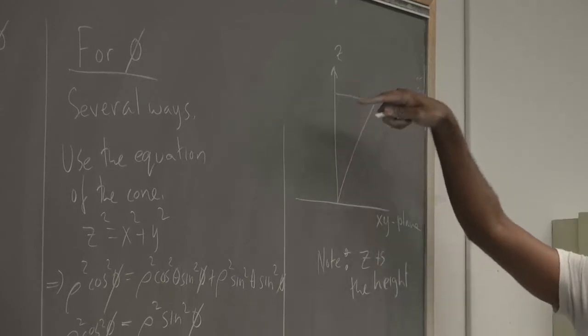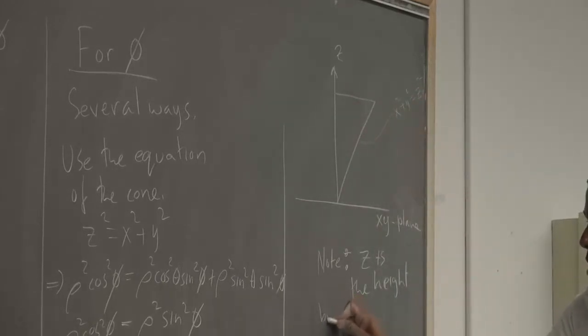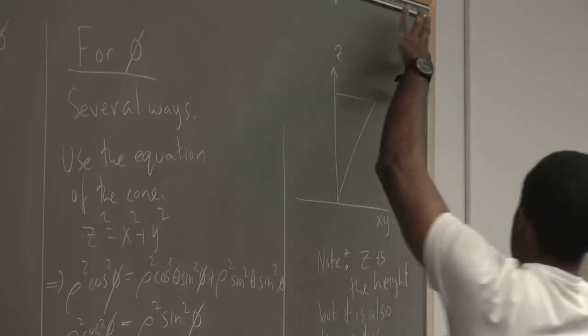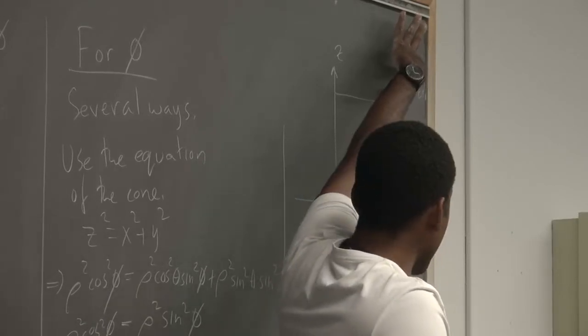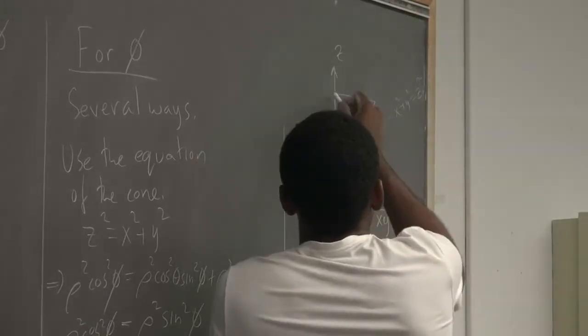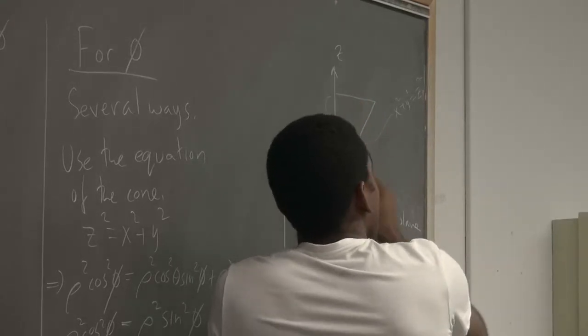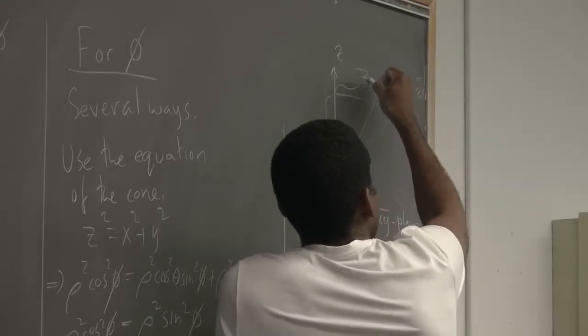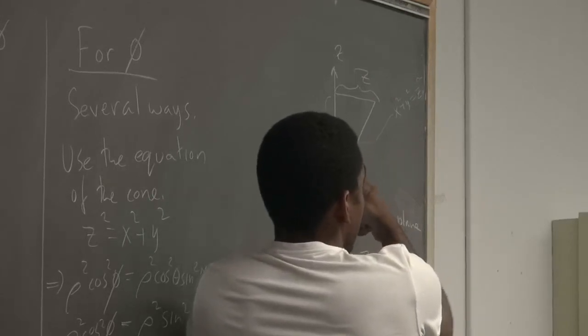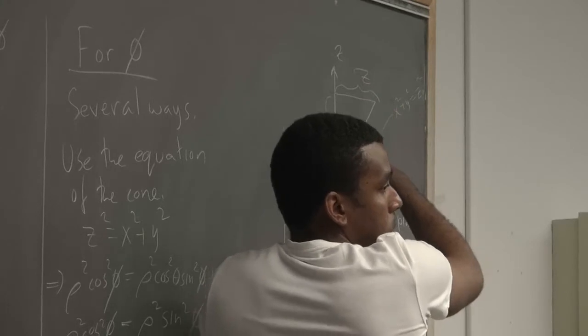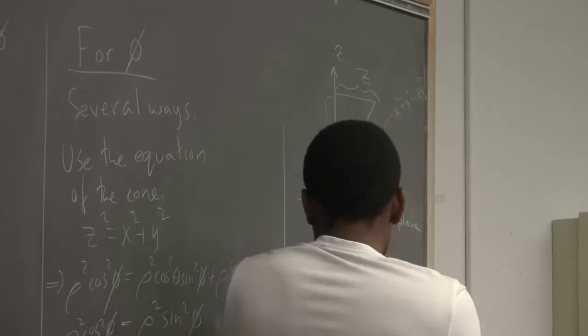It's the distance above the xy plane, but it is also the radius. If you look at this as a circle, x squared plus y squared equals z squared, it looks like a circle with radius z. So the z measures this height here. It also measures this distance here. And so if you have to figure out what phi was, tangent is opposite over adjacent, so tangent is just 1, your phi would be pi over 4 that way.